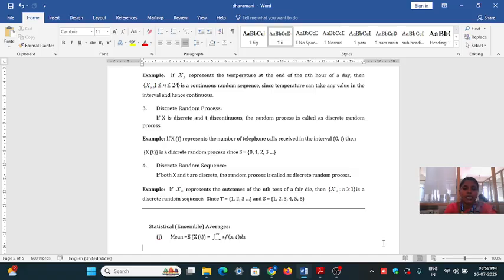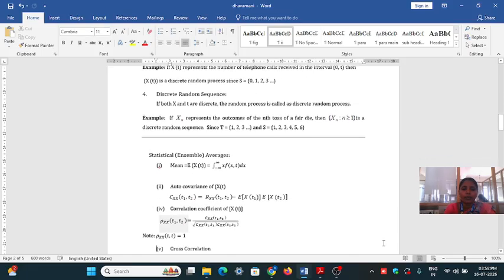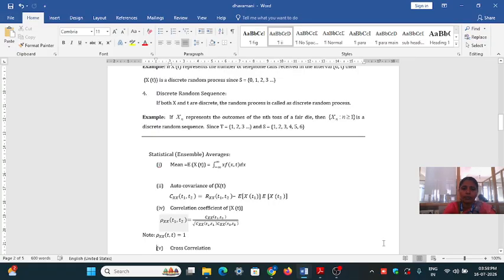Another one, statistical averages formula. Mean: expectation of X(t) equals the integral from minus infinity to infinity of x f(x, t) dx.